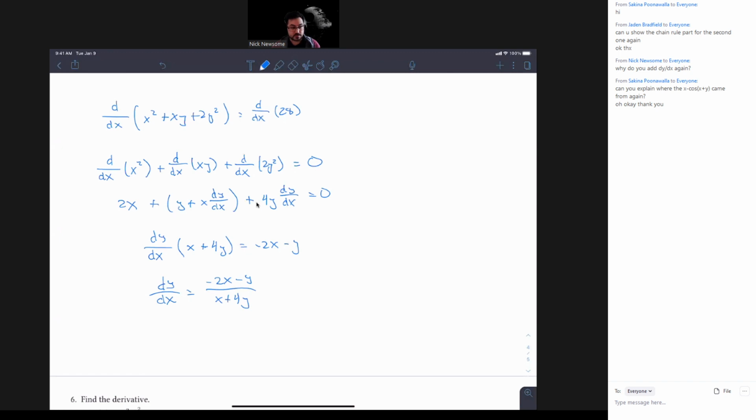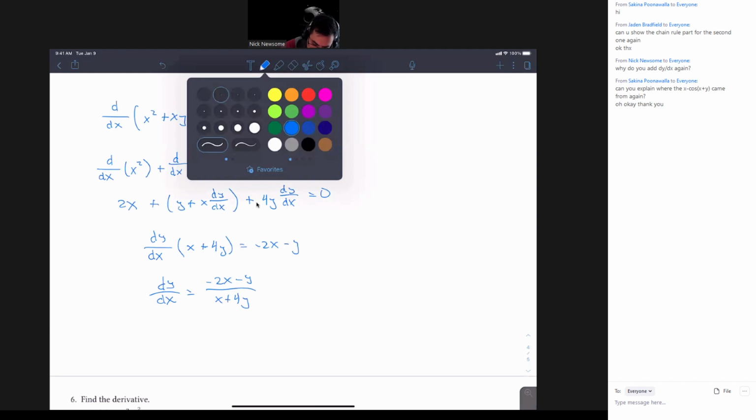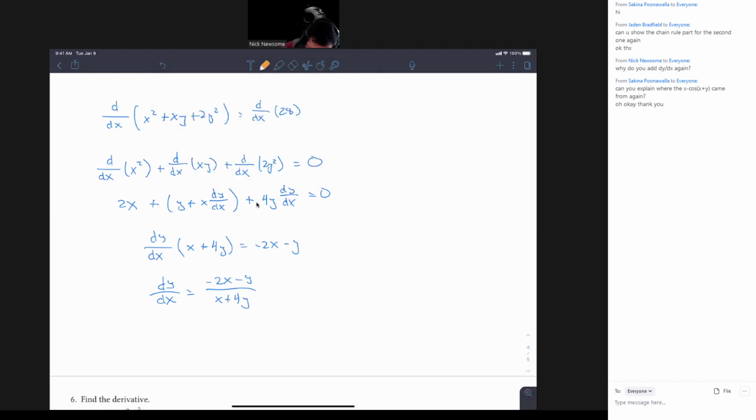Now to find the slope, I have to evaluate this thing at the point -2, -3. Slope is dy dx evaluated at the point -2, -3. So I plug in -2 for x, I plug in -3 for y, and see what we get. We're going to have a -2 times a -2, subtract a -3, all over -2 plus 4 times the -3.